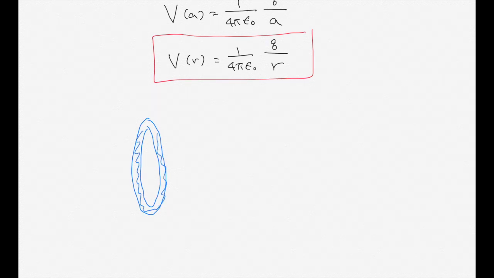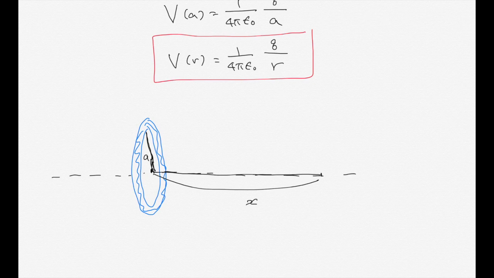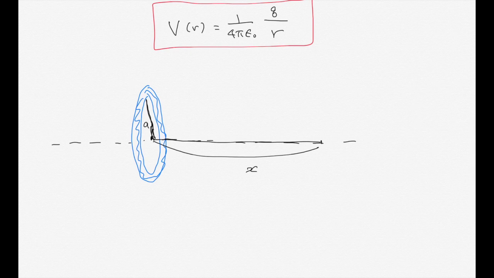So this is the conducting ring with radius A. Then find the electric potential at the point P. This is the origin, and this distance is X. Find the electric potential at the point P on the ring axis at a distance x from its center. This is the question.